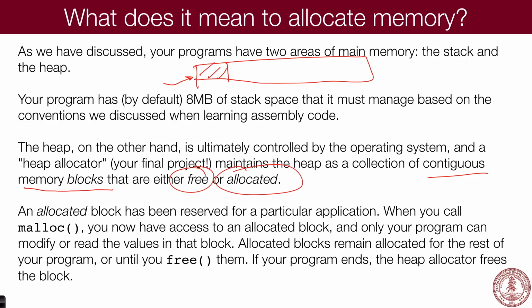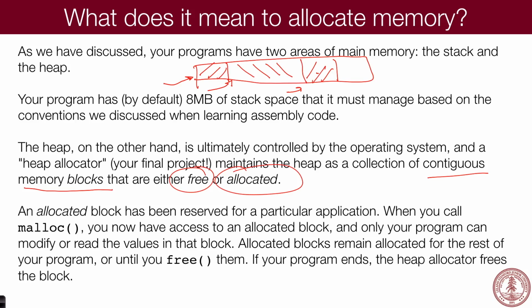The next time the program asks for more memory, you might point it to here, and this much memory is now designated by that pointer. This is how it's going to work. And if there was a third one here, you would give back a pointer to here and allocate that space.